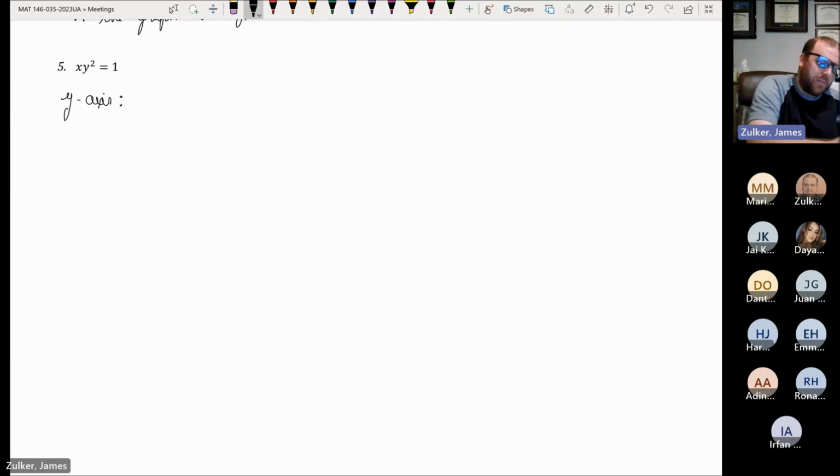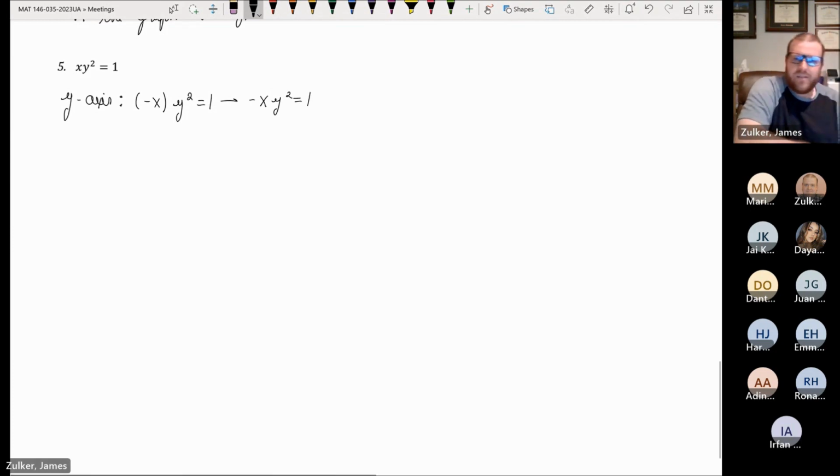Remember, for the y-axis, we replace x with negative x. Which gives us negative xy squared is equal to 1, or we can rewrite that as xy squared equals negative 1, right? No, that's not the same.